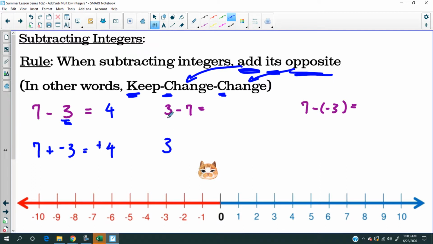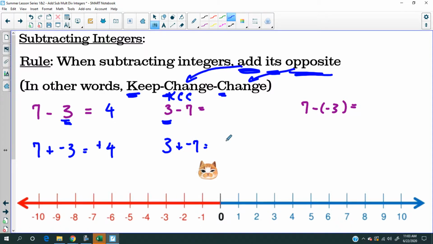Keep, change, change. So keep 3, change the subtraction to addition, change the 7 to -7, right? 3 plus -7. What happens when you have different signs?